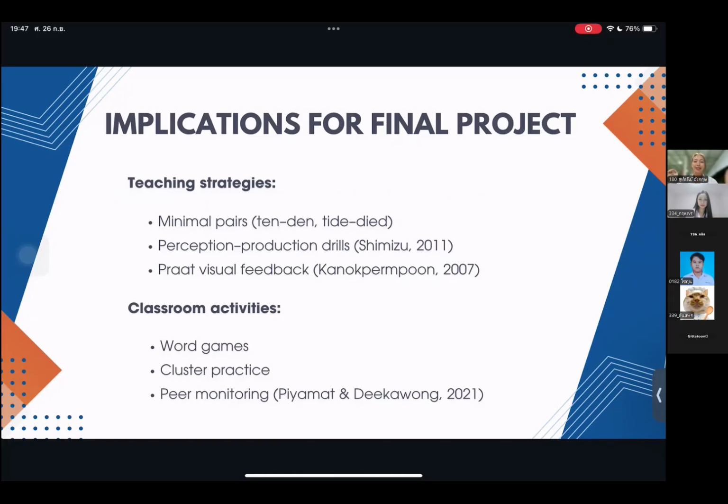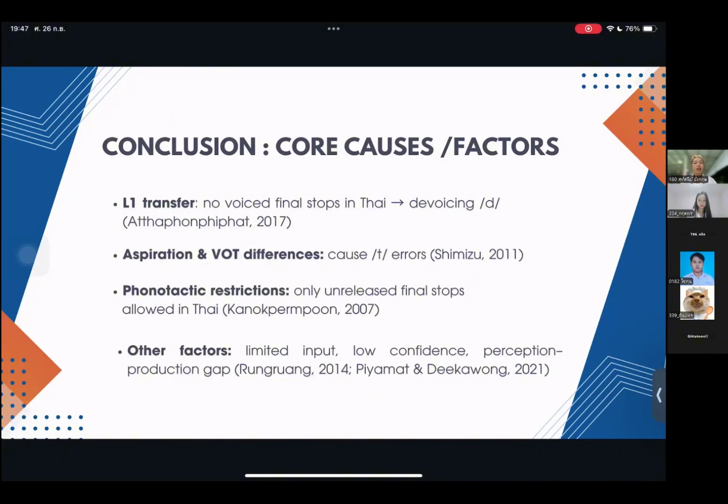Okay, to conclude, the main causes of these pronunciation challenges are L1 transfer, lack of final voiced stops in Thai, and differences in aspiration and release rules. Even though learners can often perceive T and D, their production is less accurate.